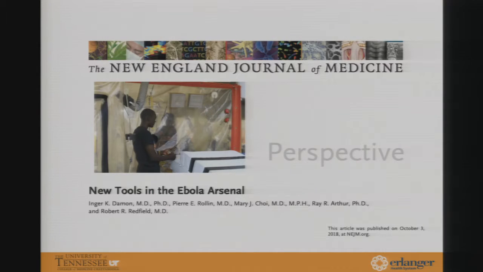And then there's a recombinant glycoprotein vaccine that's being used in an expanded use protocol within this particular outbreak in Kivu. This is a rapid and aggressive response that has really come along in response to the initial outbreak that got our attention in 2014.